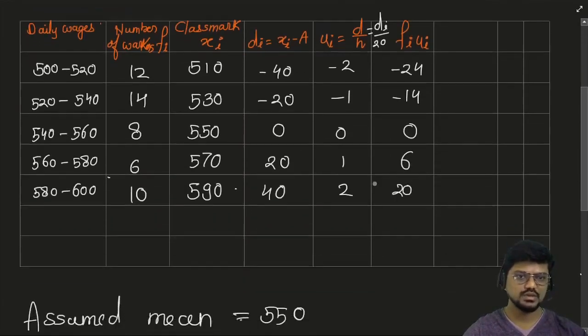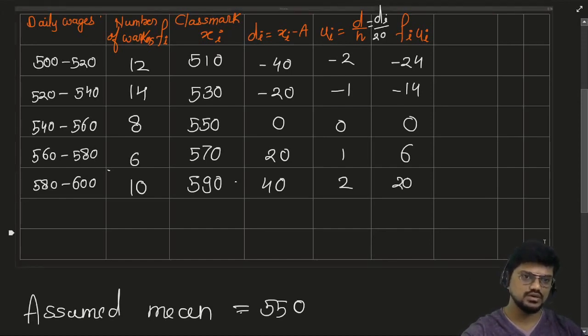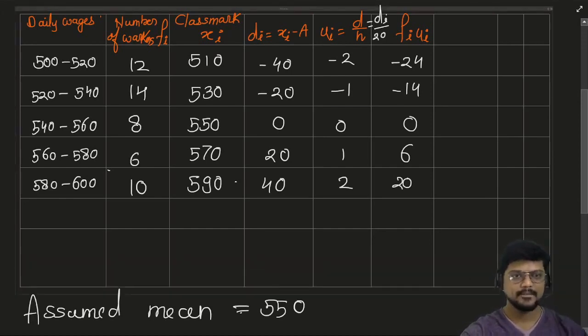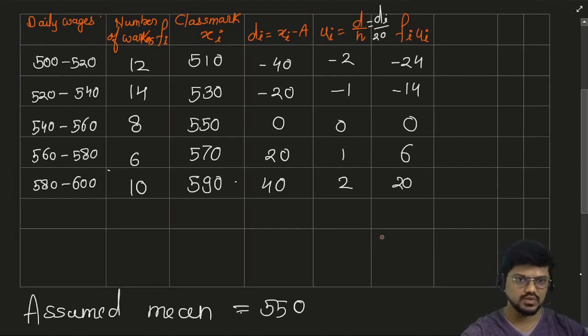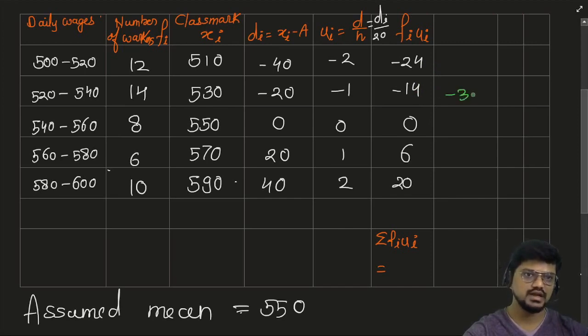So if I do summation of fi into ui, that will be how much? Minus 24 minus 14 will be minus 38, and this will be 26, right? So minus 38 and plus 26 will be minus 12. Got it?